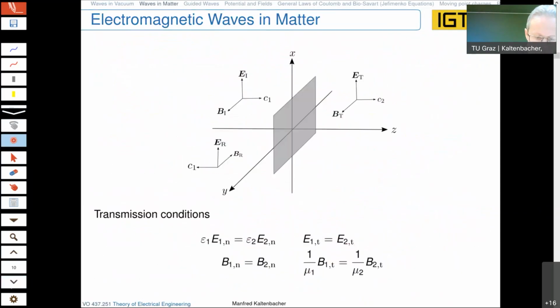We will discuss this, and then we will also be interested in taking into account that we have a conductivity, which we have left out currently. What if this material has an electric conductivity?